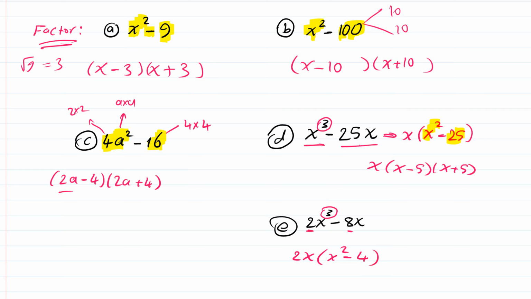So we get x squared minus 4. Right now inside the bracket you get x squared minus 4, so both of them are a difference between squares, so you can make two brackets, 2x outside, x minus the square root of 4 is 2, and x plus 2.